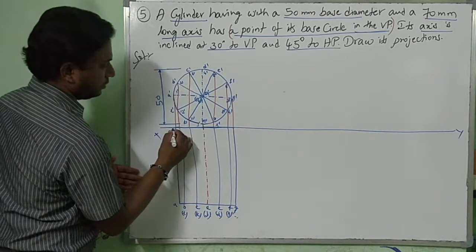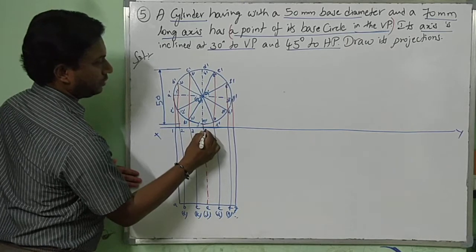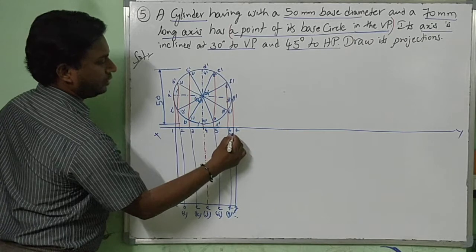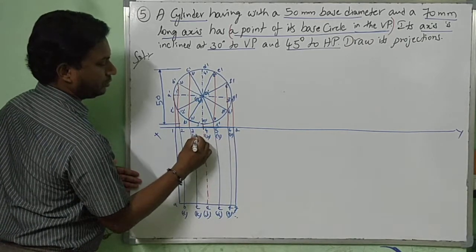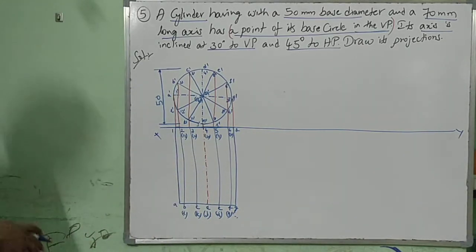Now in the same way here: 1, 2, 3, 4, 5, 6, 7, 8, 9, 10, brackets 11, 12. Brackets in case they are at the bottom.